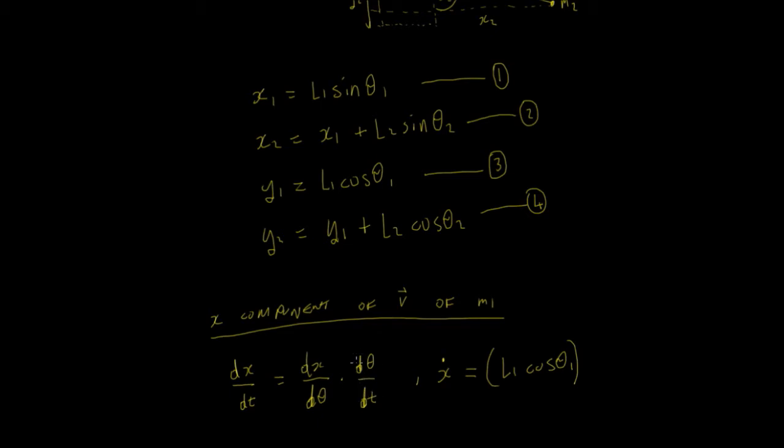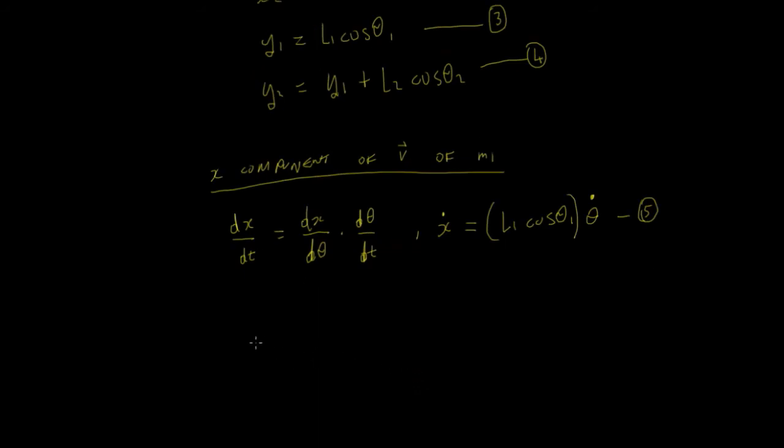So d theta by dt is just going to be our theta dot. Okay, so we can call that equation 5.